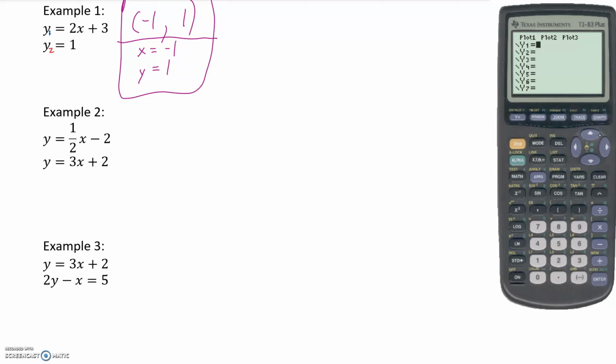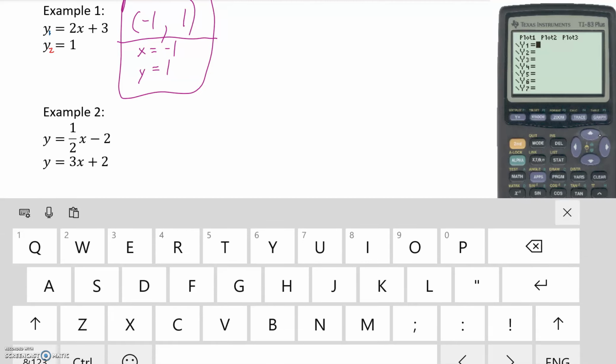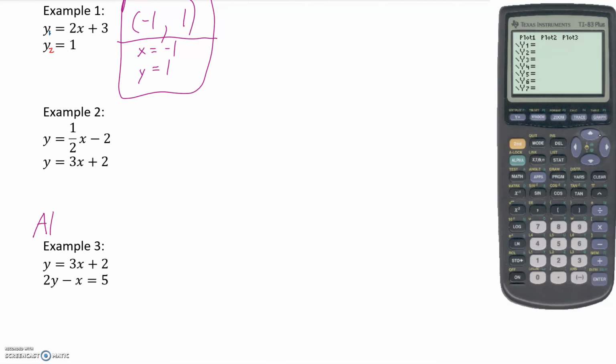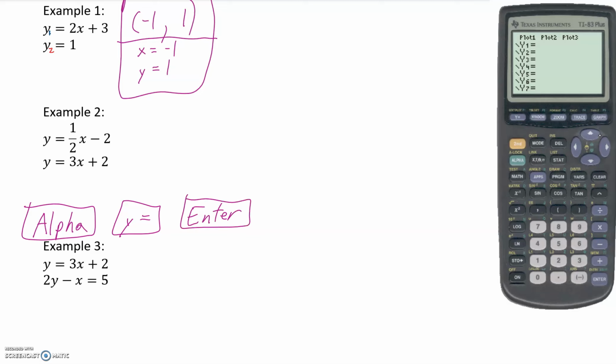The TI-84 is really nice because if you press alpha, then y equals, and then enter, it will let you type in a fraction. This is a really nice tool to make it look a little bit nicer.